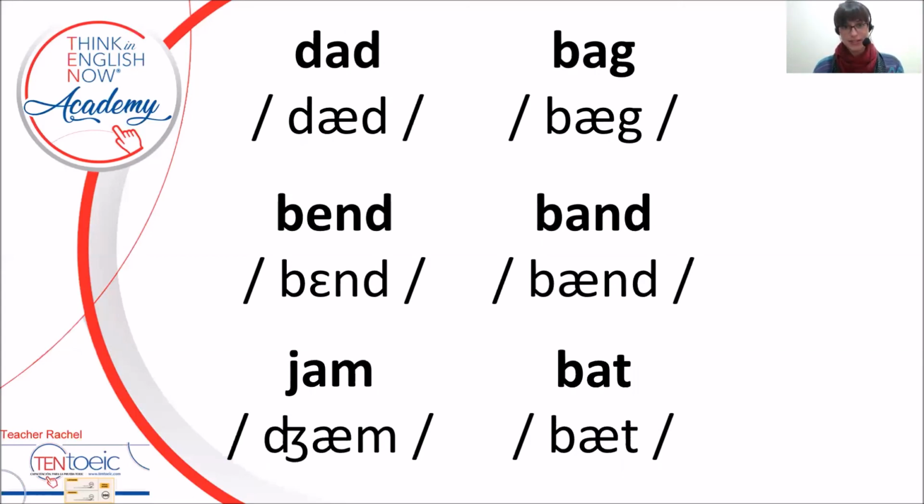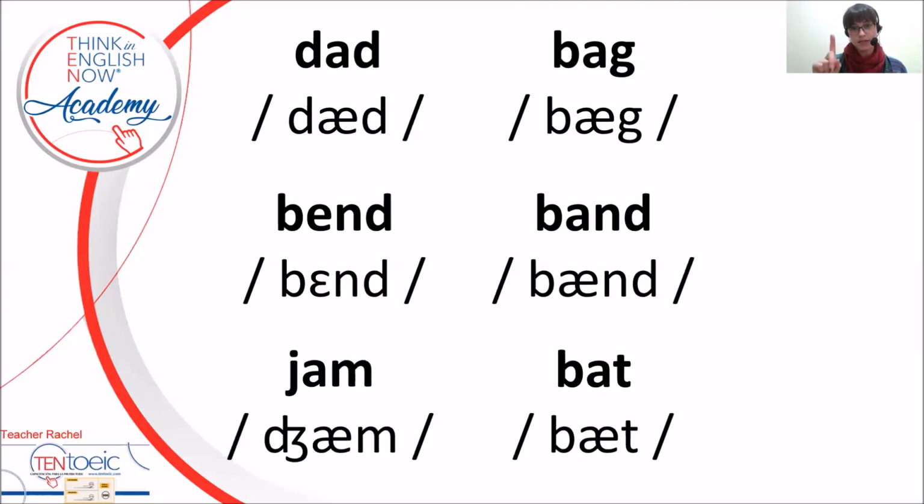We put groceries in the bag. Bend. This is when something is straight and it bends. So my hand bends. Straight, bend. Or if we have a piece of plastic, we bend the plastic.